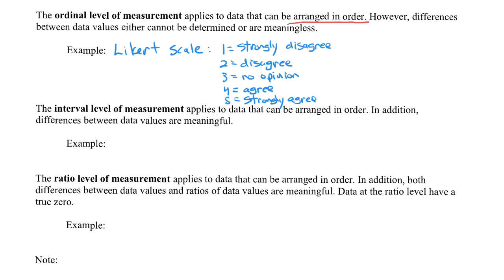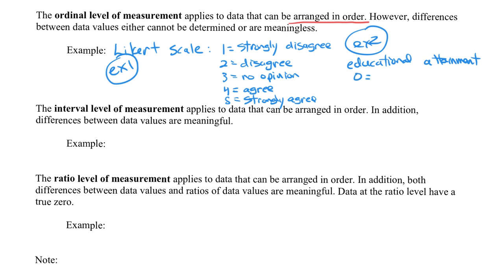So let's say this is example 1. Example 2 could be something like, maybe there's a question about educational attainment. And they'll have things like, they want you to choose a number, maybe 0 equals less than high school, 1 equals some high school, 2 equals high school degree, 3 equals some college, 4 equals college degree, 5 equals post-college.